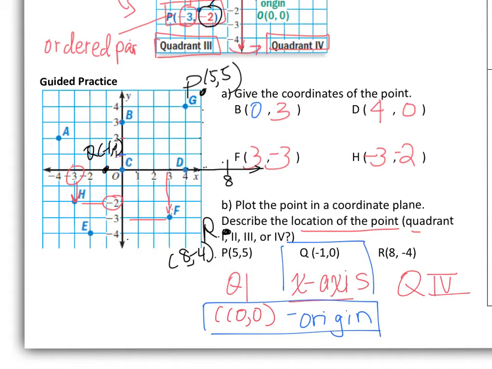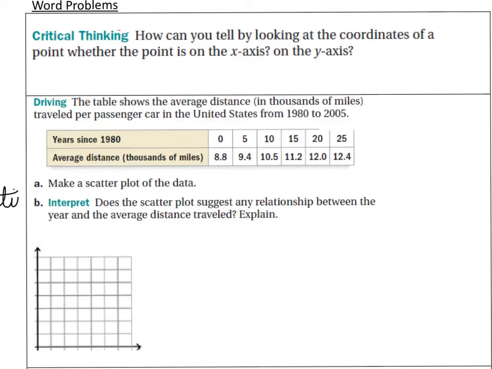So this one and this one are two important ones to look at. Okay, let's take a look at some word problems. Critical thinking. How can you tell by looking at the coordinates of a point whether the point is on the x-axis or on the y-axis?